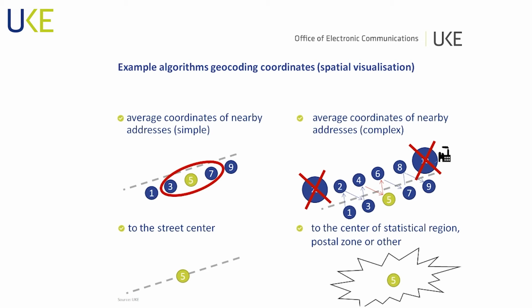For example, 5 between 3 and 7. Another similar method, but more advanced, is the approximation of the missing coordinates between two coordinates. For example, 5 between 3 and 7, and additionally, processing information about the address coordinates on the other side of the street.